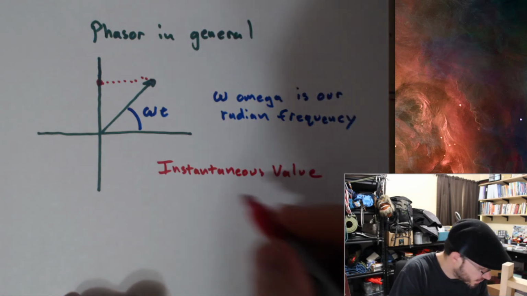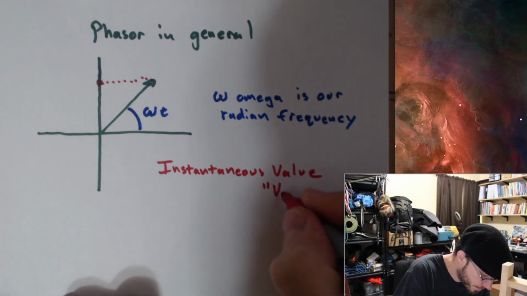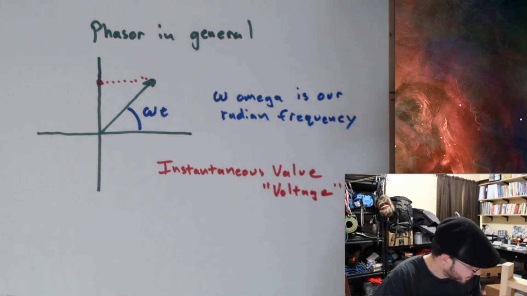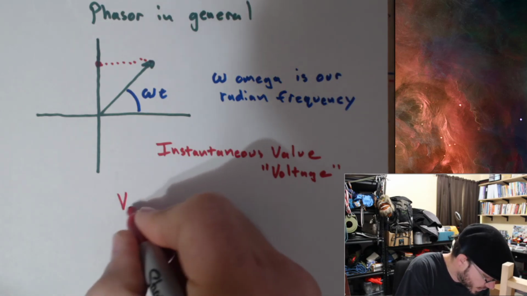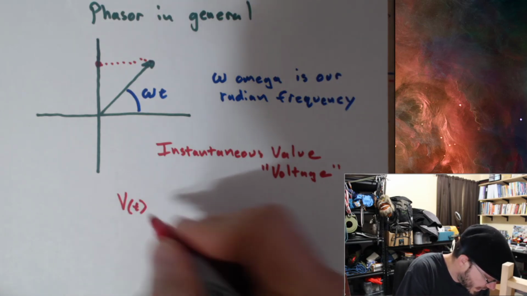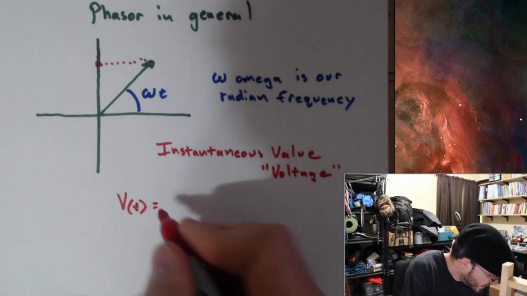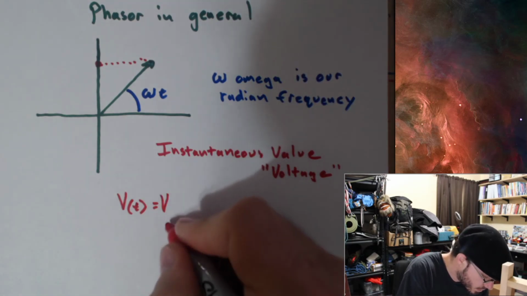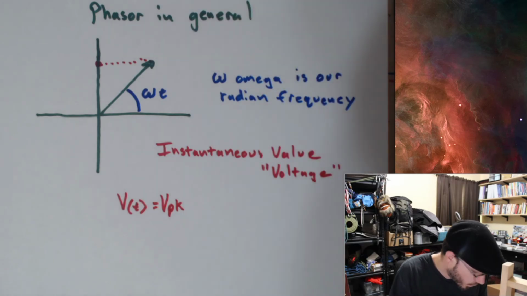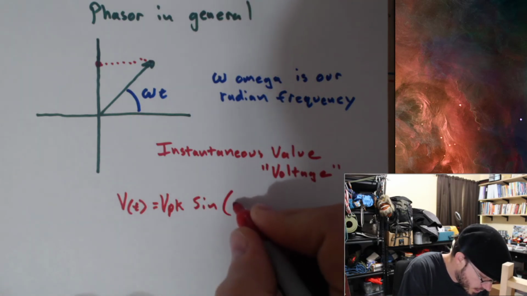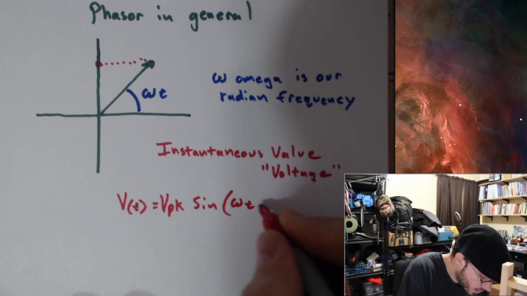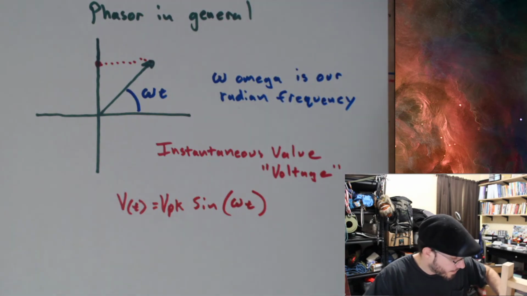And I'll use voltage for example. Where we can say the instantaneous voltage, or the voltage at some time t, is equal to our peak voltage times sine of omega t.